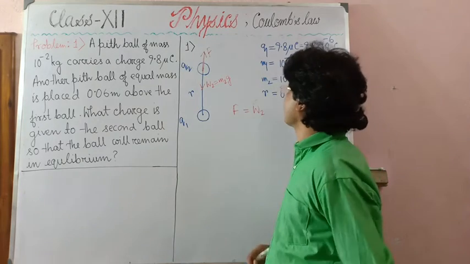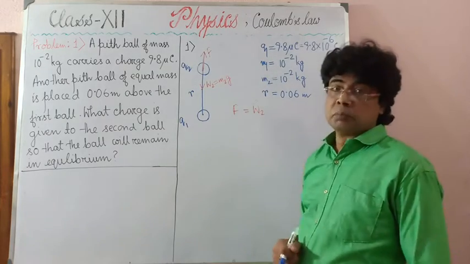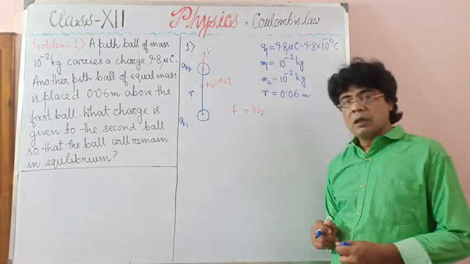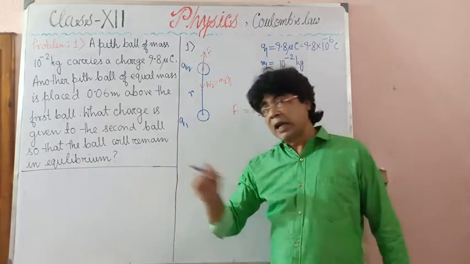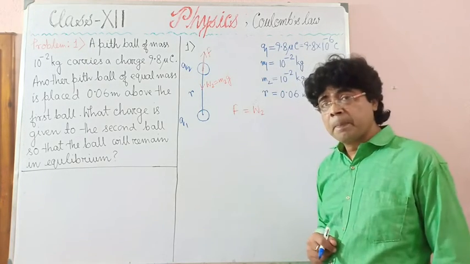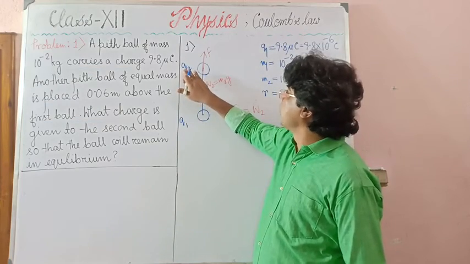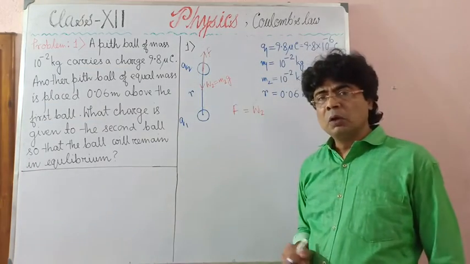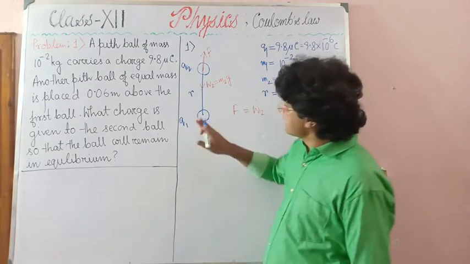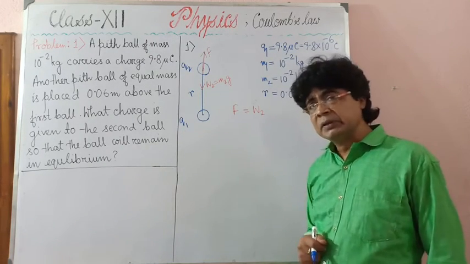Now, this electrostatic force must be repulsive. So, the sign of Q2 will be the same as Q1, that is positive.